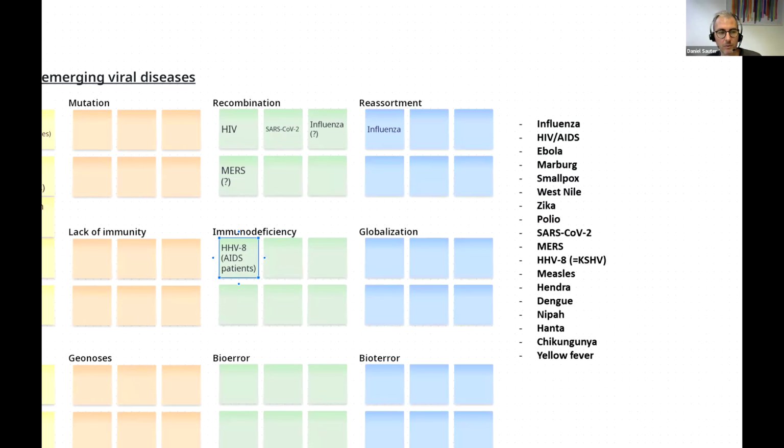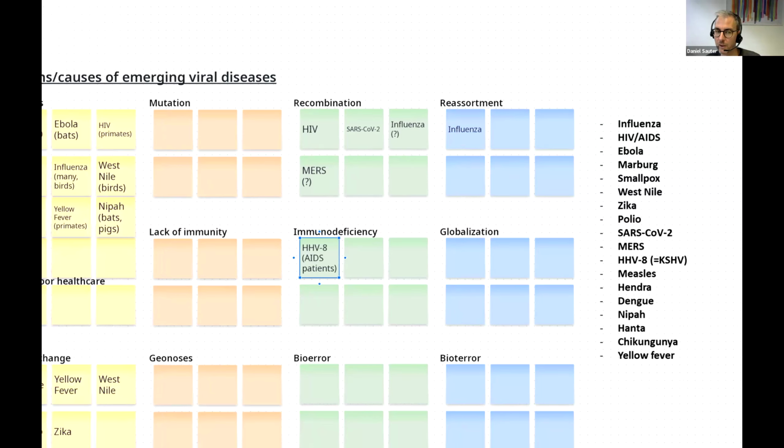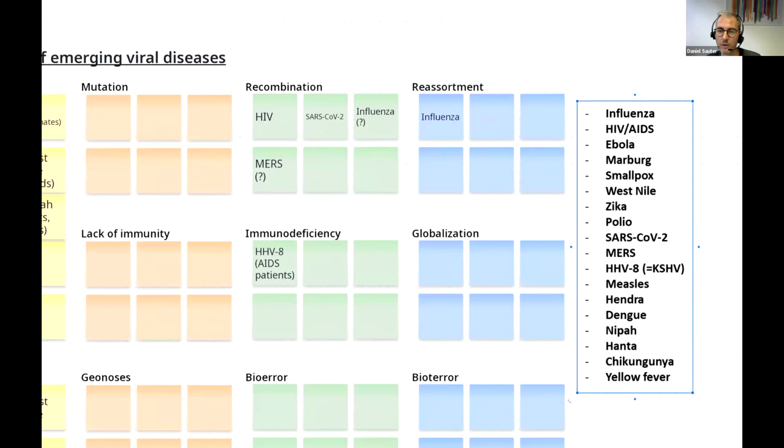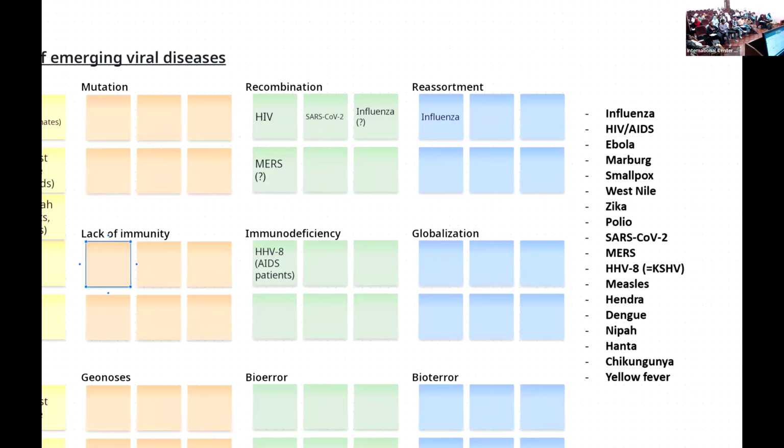So let's jump to lack of immunity. I said that this can refer to vaccination gaps, for example. For which viruses is there a risk for vaccination gaps? Where do you think there may not be enough vaccination? Polio. Yes, that's a prime example. Smallpox.